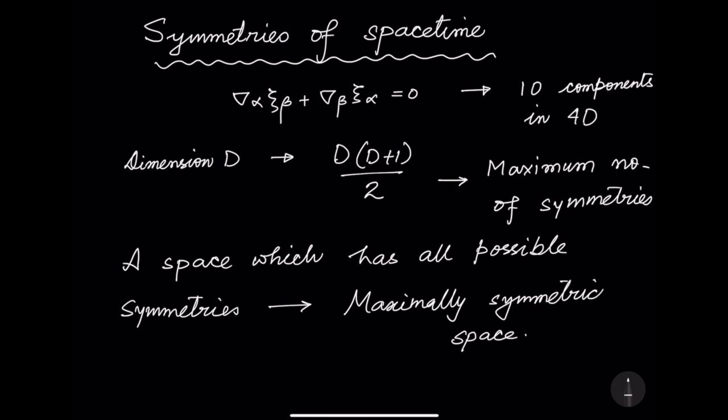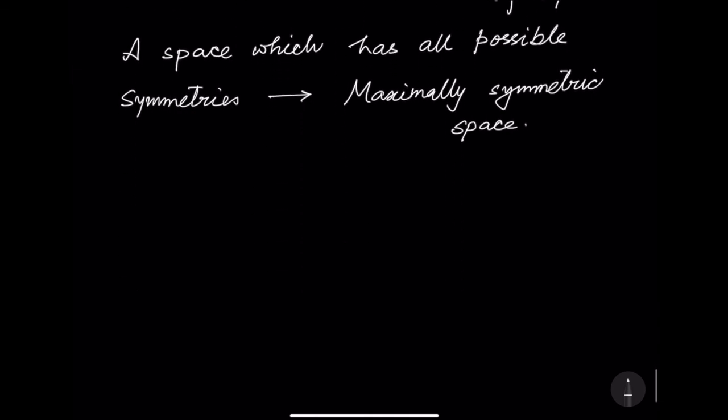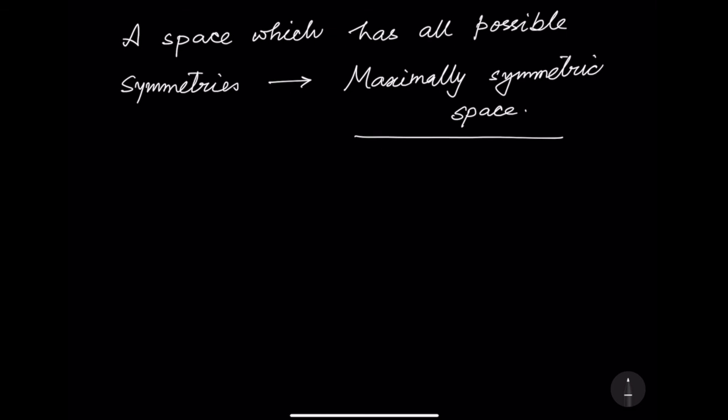And this is of great importance in GR because in such a space some interesting things happen. First of all, in a maximally symmetric space, it doesn't mean that such a space cannot have curvature. It can have curvature, but the scalar curvature, which is R, the Ricci scalar, is constant.